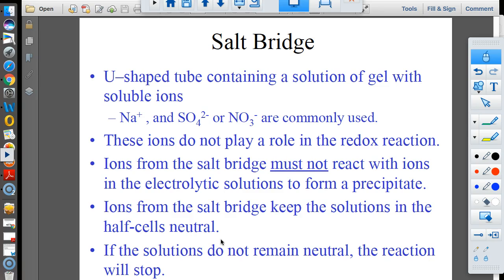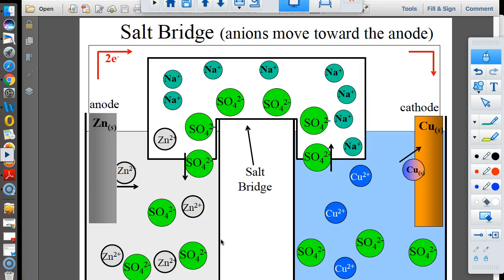It was really cool. I'll set one of those up in the morning and let it run, and take the mass in the morning and at night, and you can see that the cathode gets heavier and the anode gets lighter. So anyway, salt bridge: anions go through toward the anode, because the negative ones need to come over here as we get that influx of positive ions as they are oxidized.